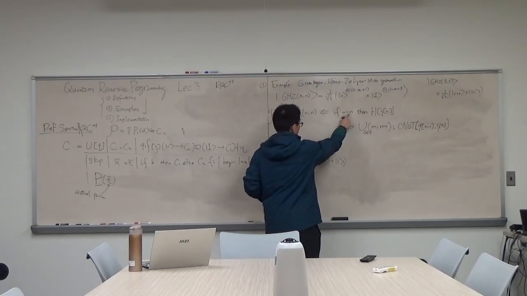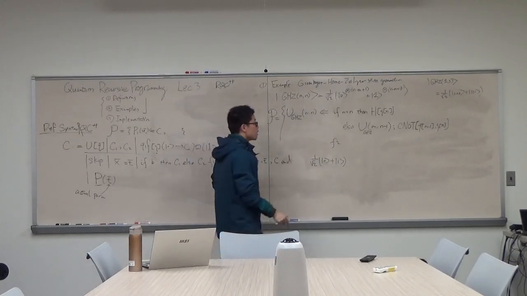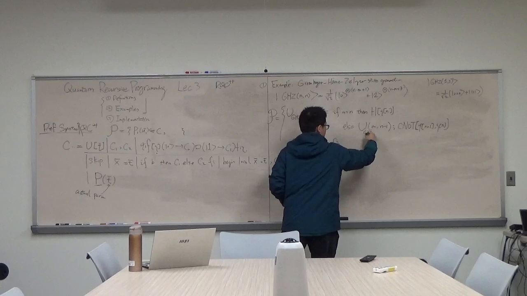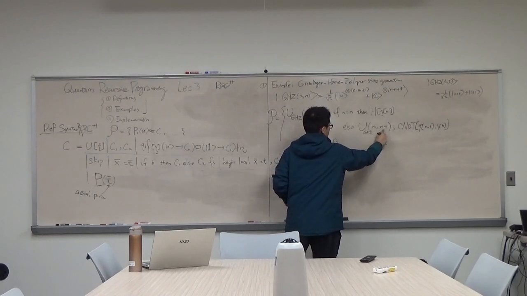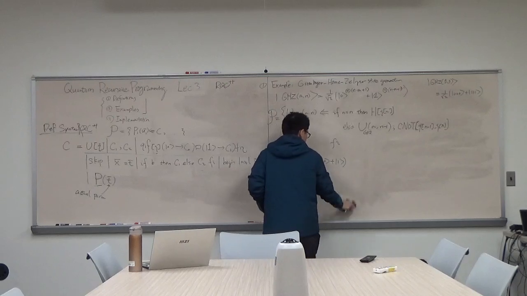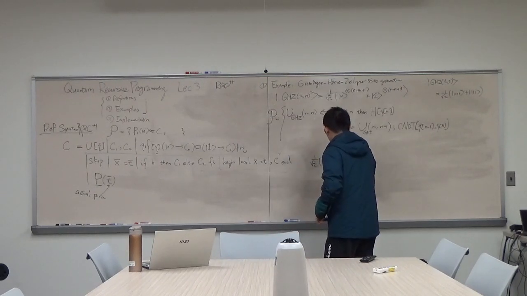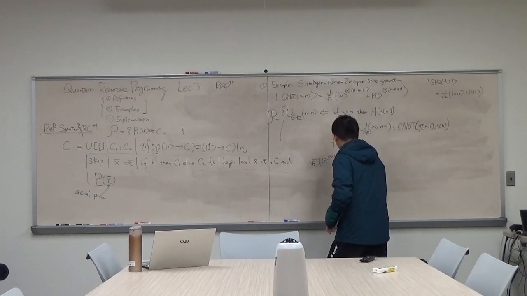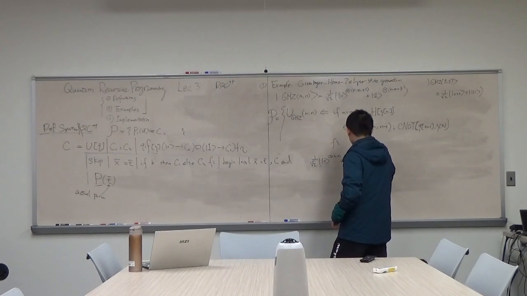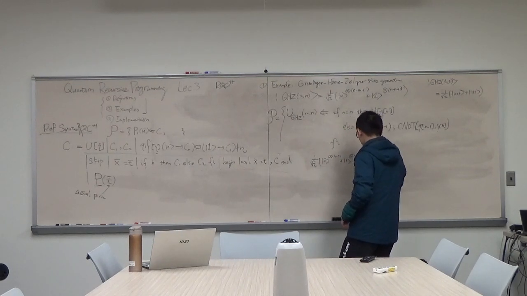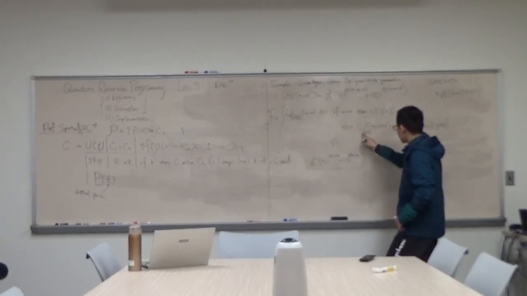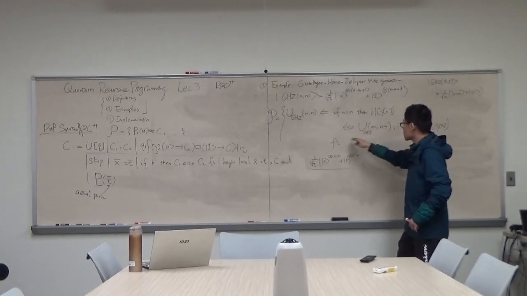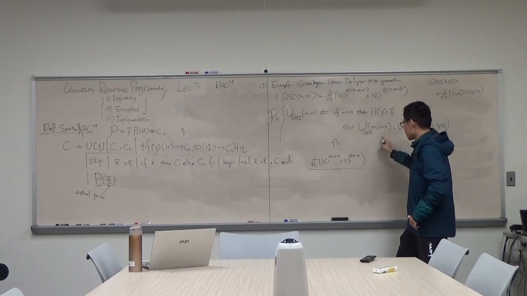Now, what if m is smaller than n? Then we can recursively call the procedure U GHZ with n minus 1. So that means if you have such a state for the qubits m to n minus 1, this state can be generated by this procedure call, and it is a recursive procedure call with different classical parameters.